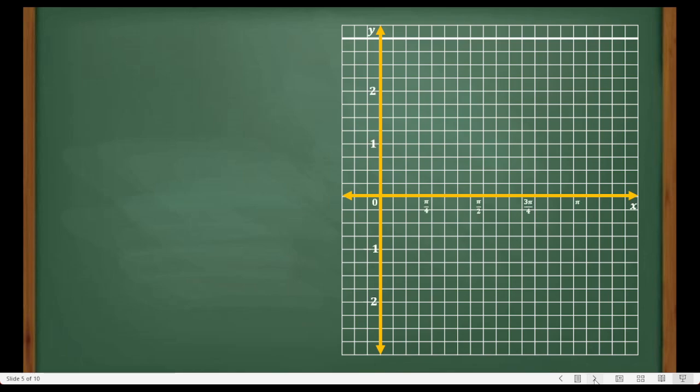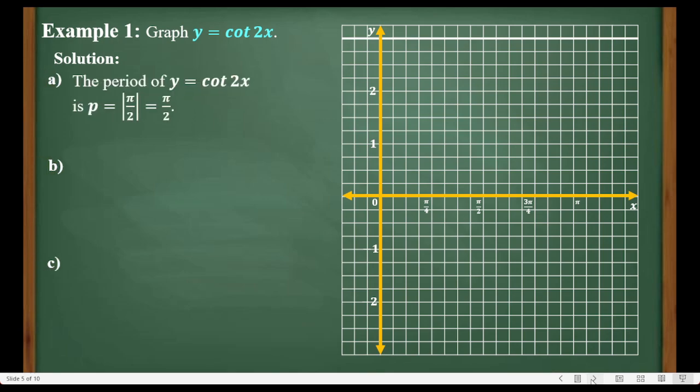Let us have some examples. Say we are asked to graph the function y equals cotangent of 2x. The period of this given function can be determined by the formula pi over b, and b is taken from the coefficient of x, which is 2. Therefore, the length of one cycle of the graph of this function is pi over 2.